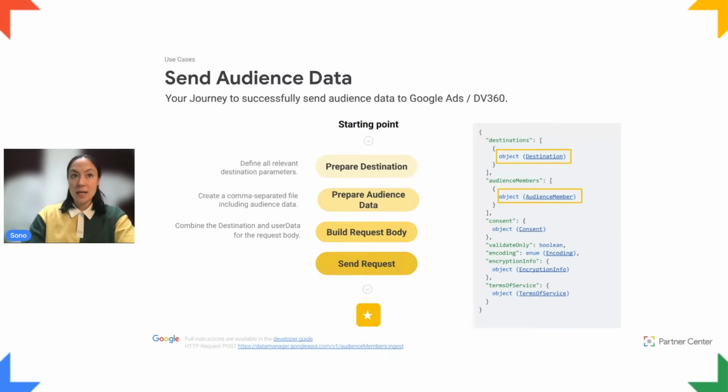On the right-hand side, and this is how I will proceed for the other use case as well, I show the whole object to send audience data, and in a later step, how to send conversion event data. Within the next few slides, I will go into the definition of each object, meaning the destination object and the audience member object, and I will focus on those because these are the most important ones.